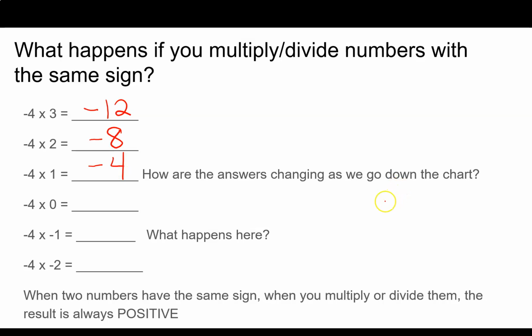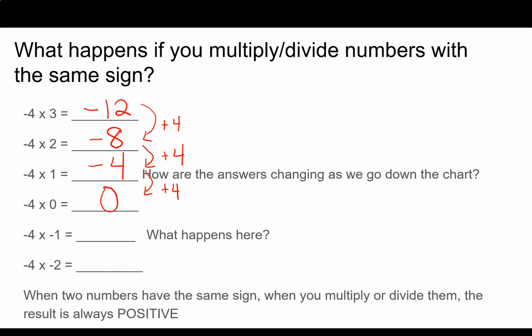How are these answers changing as we go down this chart? Well, we're increasing by 4 as we go along. Negative 4 times 0 is just 0, so once again we're adding 4 to our previous answer.